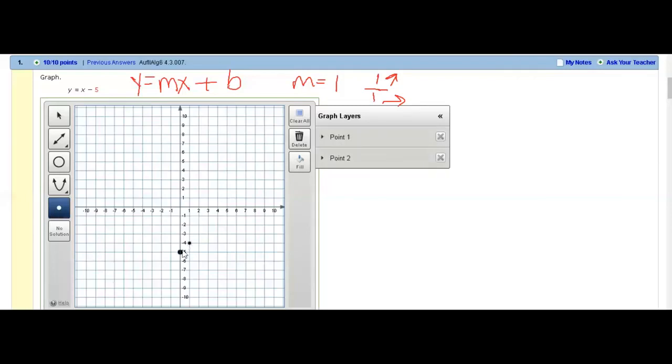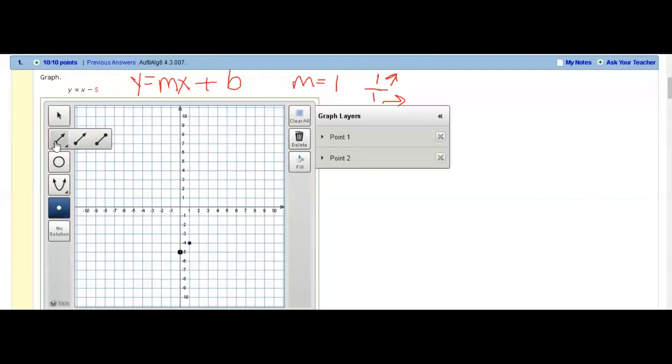Now that I'm done plotting points, I'm going to click on this double-ended arrow, and it's going to open out the options. So we have a straight line, which has an arrow on each end. We have a point and an arrow, which is a ray, and then we have a dot on each end, which is like a segment.